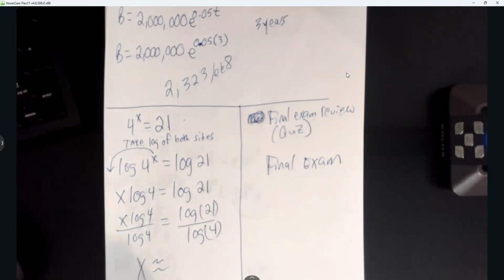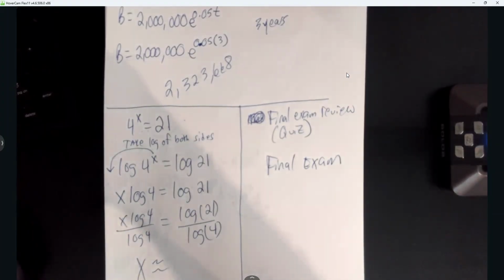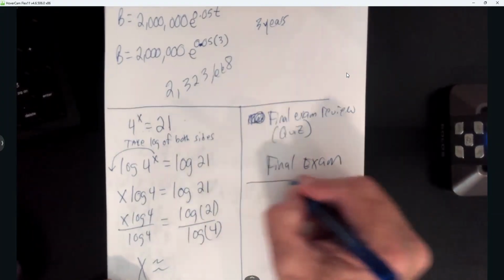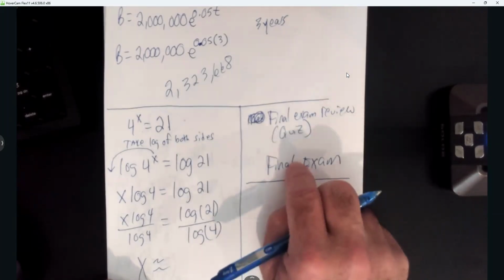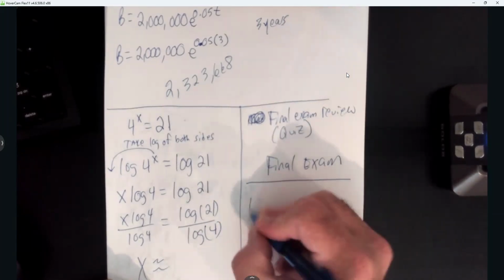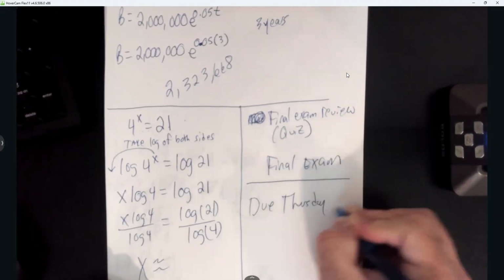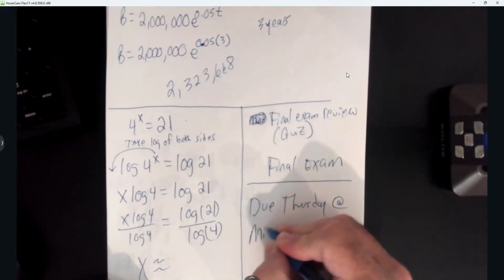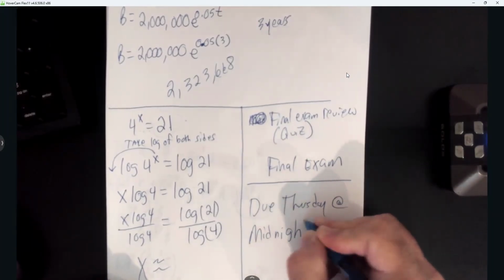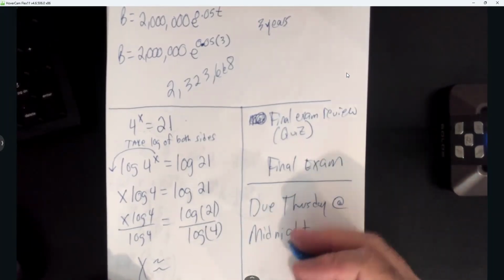The final exam is now open, okay? Final exam is open now. It is due Thursday at midnight. And y'all, that's tomorrow, June 26th.